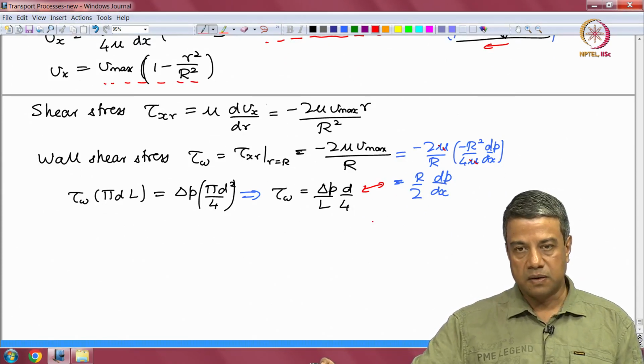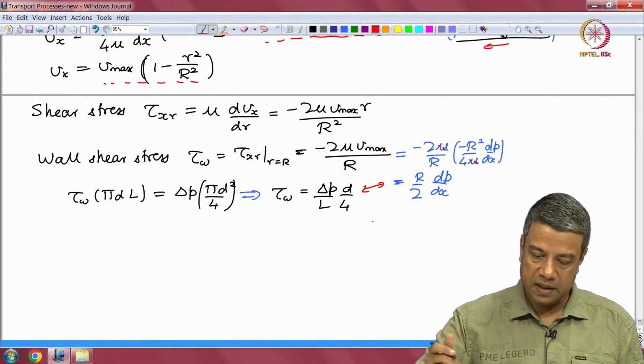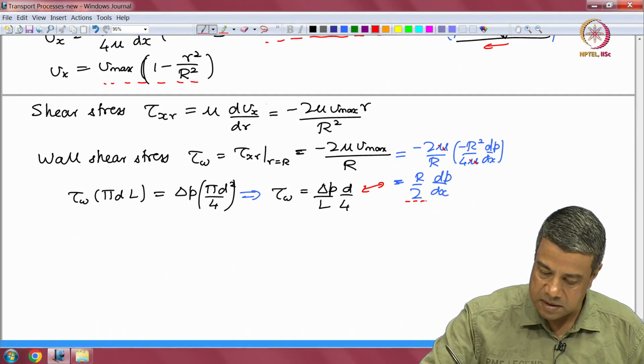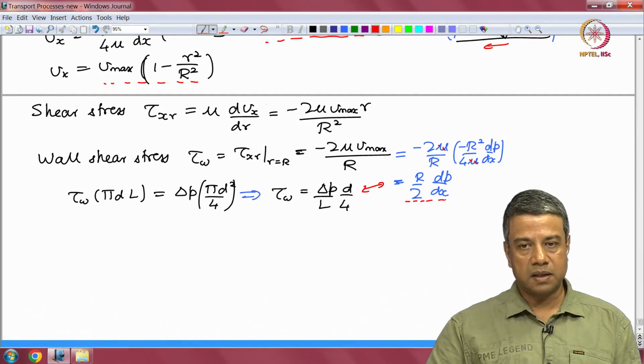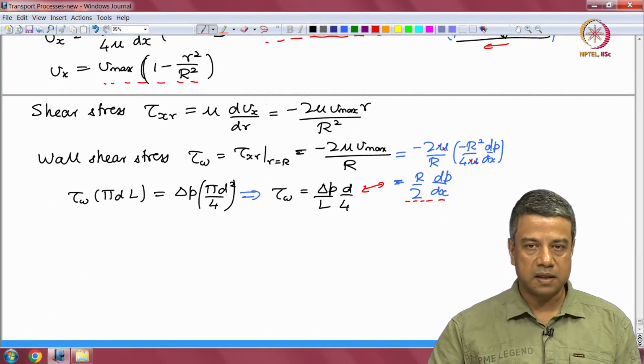And we already know that the difference in pressure across the ends divided by L is actually the local pressure gradient. So, this wall shear stress expression is just a momentum balance across the ends with a linear pressure gradient in between. dP by dx is a constant.